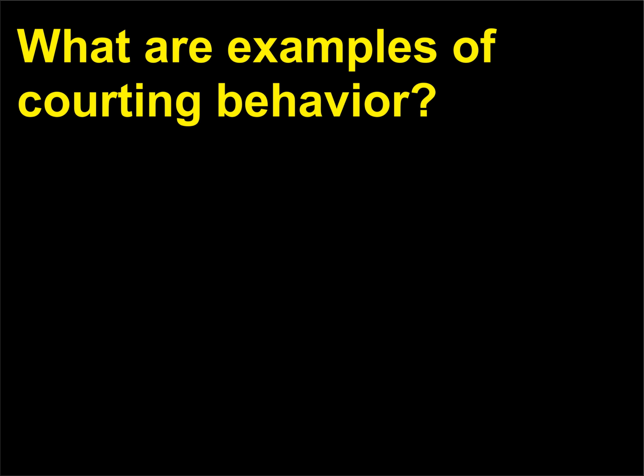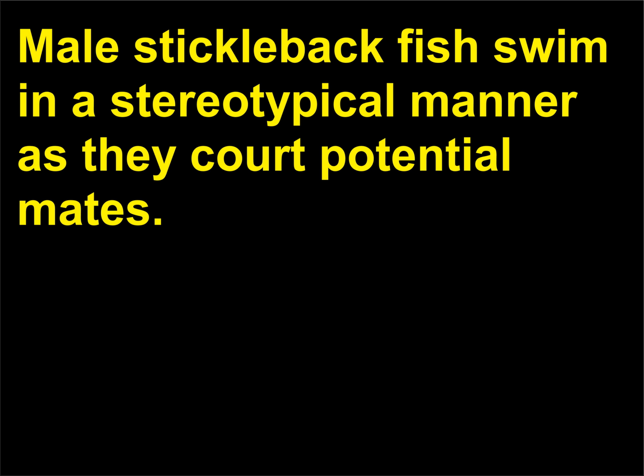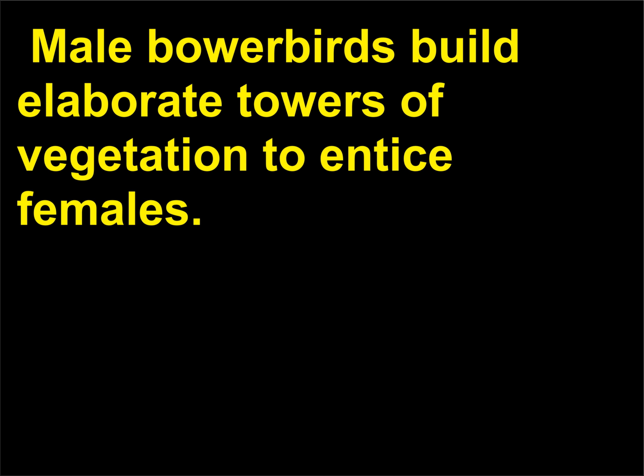What are examples of courting behavior? Male stickleback fish swim in a stereotypical manner as they court potential mates. Male bowerbirds build elaborate towers of vegetation to entice females.